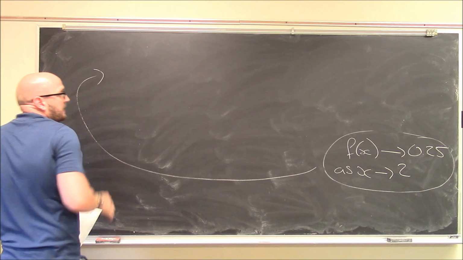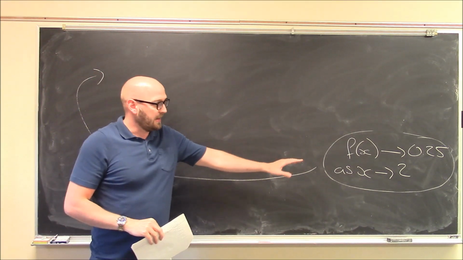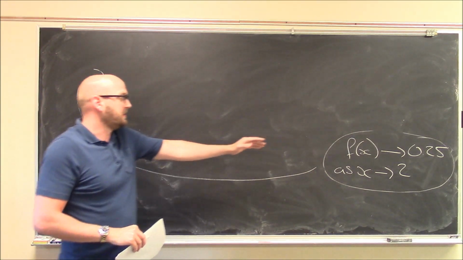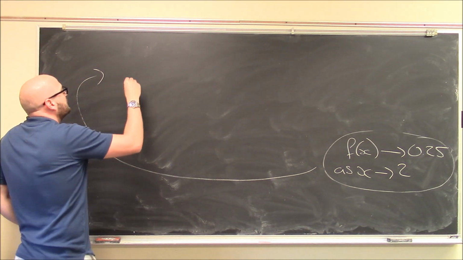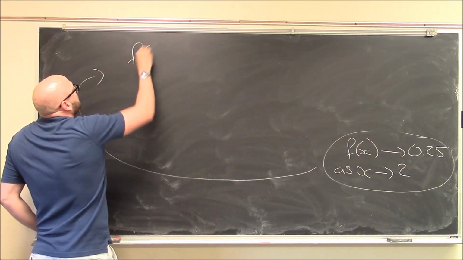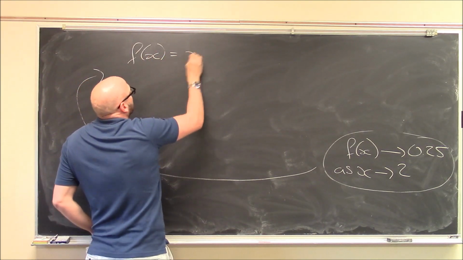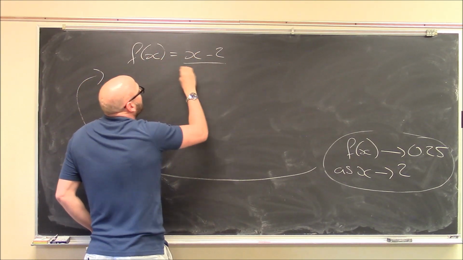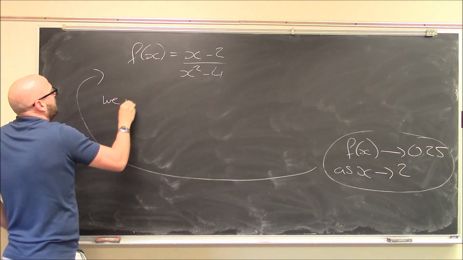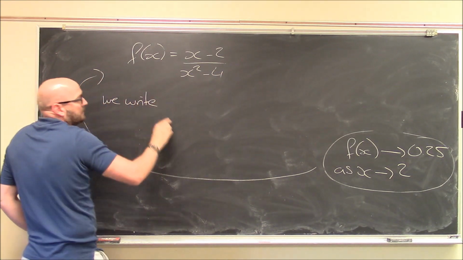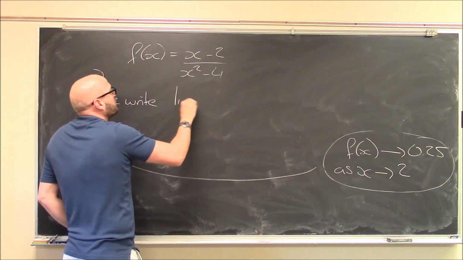Right? So there's one way of indicating that as x approaches 2, the function approaches the value 0.25, but I call this section limits, and people tend to use limit notation instead. So if f of x is the function we had to start with, x minus 2 over x squared minus 4, you could write that, but more commonly you'll see this.